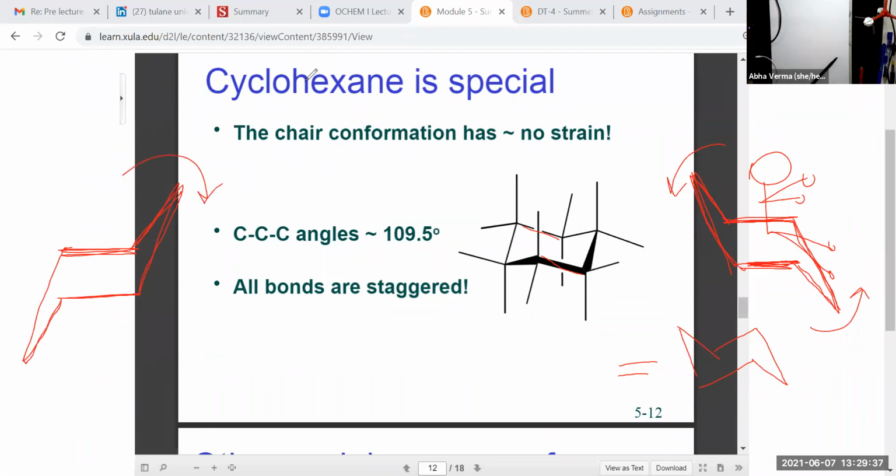So if I rotate the structure a little bit, this is what my structure would look like. Of course, it took practice, but this is how I initially learned how to draw this chair conformation of cyclohexane.